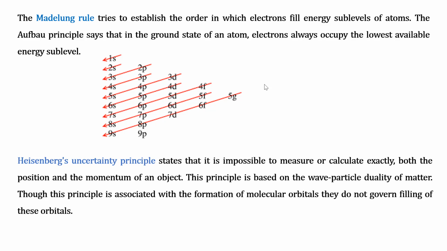Pauli's exclusion principle, the Aufbau principle, the Madelung rule and Hund's rule all tell us how the molecular orbitals are filled, how the electrons occupy the energy states. But Heisenberg's uncertainty principle helps us understand how molecular orbitals are formed, not how they are filled. So the answer is Heisenberg's uncertainty principle.